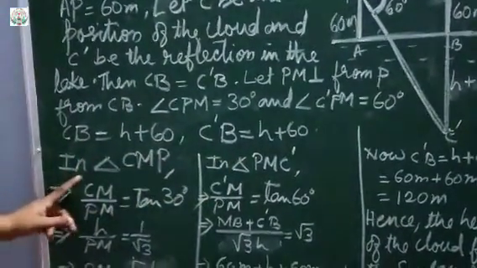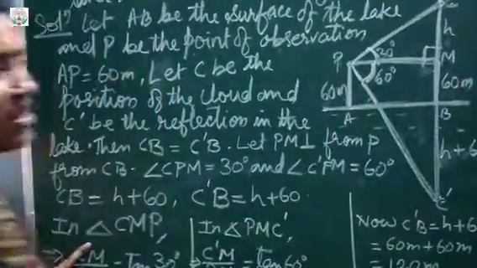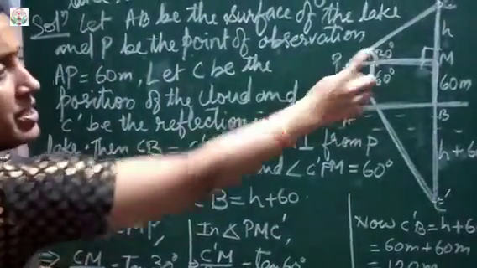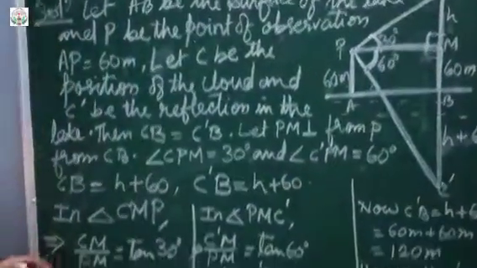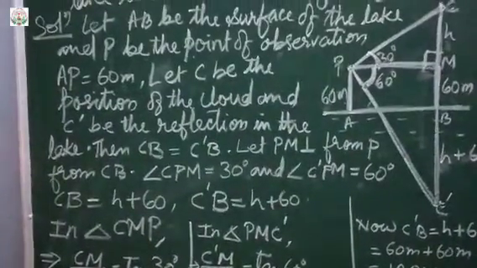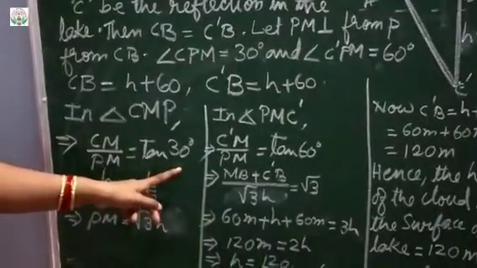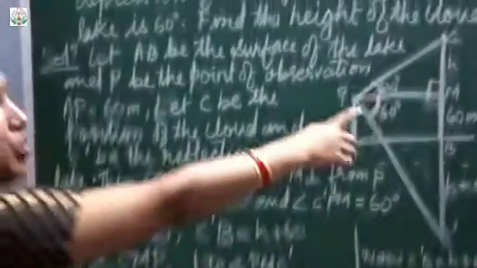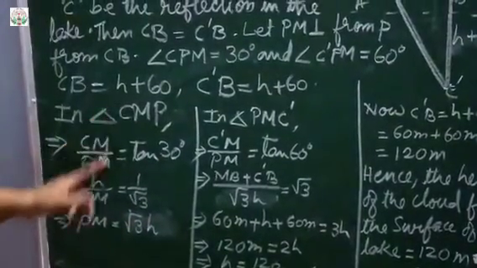Now in this small triangle CPM, the angle of elevation is how much? 30 degrees. And what is CM? That is h. So CM upon PM, that is perpendicular upon base, equals tan 30 degrees, because the angle of elevation is 30 degrees. Now CM is how much, we have assumed?